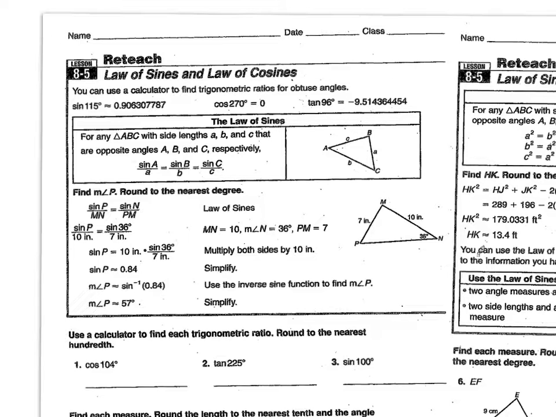So if you're missing some sides or angles in a right triangle, you can rely on those three things. But what if the triangle is not a right triangle?